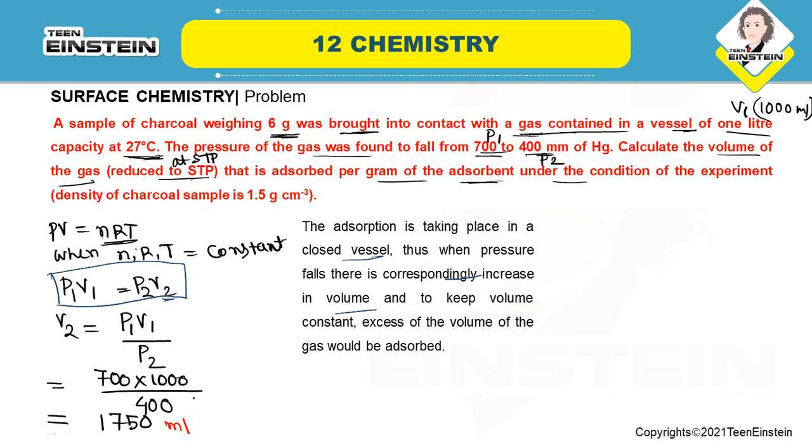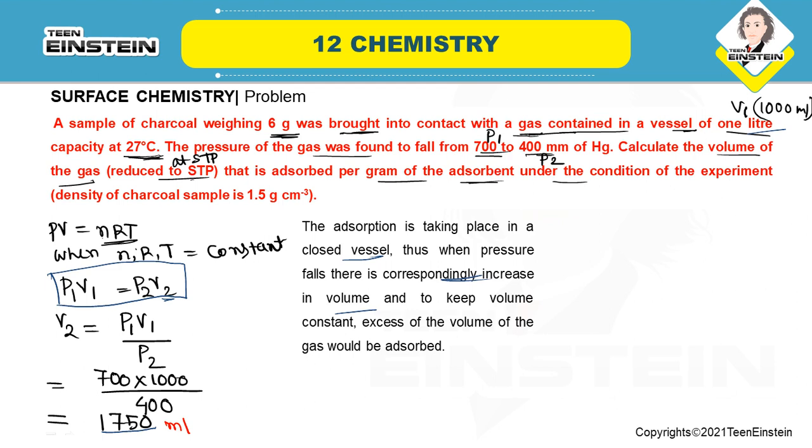So that is why the amount is 1750 ml. But if you are thinking that the vessel is 1 liter, then how is this volume possible? Actually it is possible because some adsorbent is present inside the vessel. So when pressure falls, there is a corresponding increase in volume.